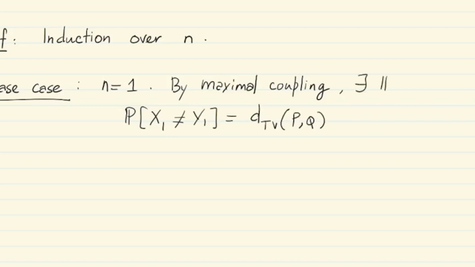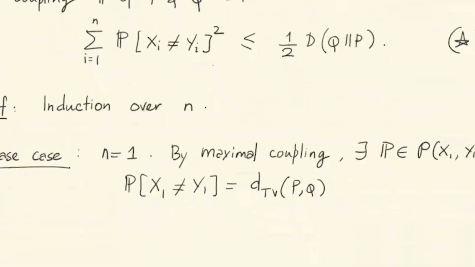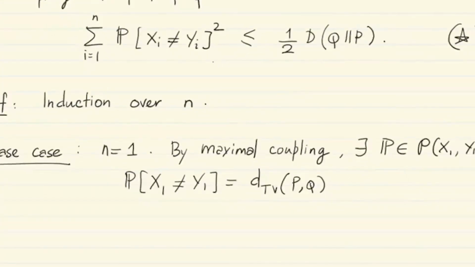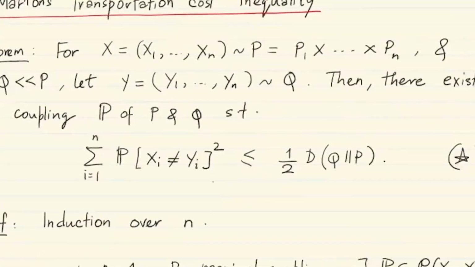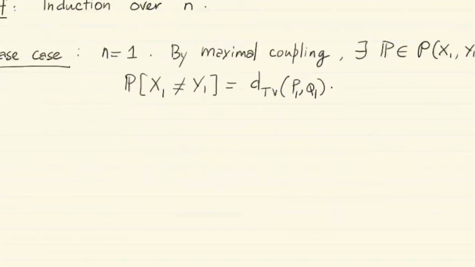Okay, so there exists a coupling which can couple x1 to y1 such that this holds, and so all that is required to show is that the square of this quantity, which is the total variation distance between p1 and q1, is at most half the KL divergence, and that is exactly Pinsker's inequality, which we will now prove.